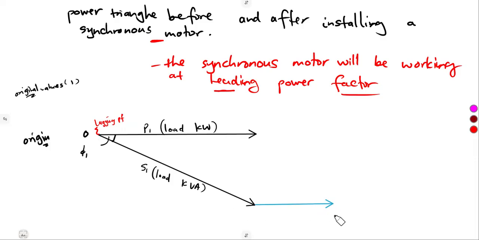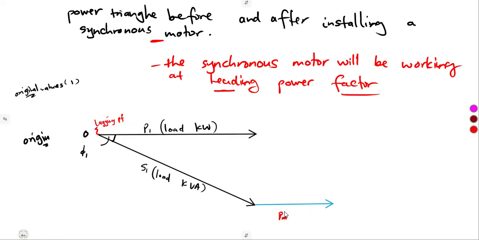On that reference we are talking about, the distance here is representing what lies on the reference, which is the true power. So even on our synchronous motor here, what lies on the horizontal is the true power. Meaning to say, on this horizontal we are having the true power for the motor.